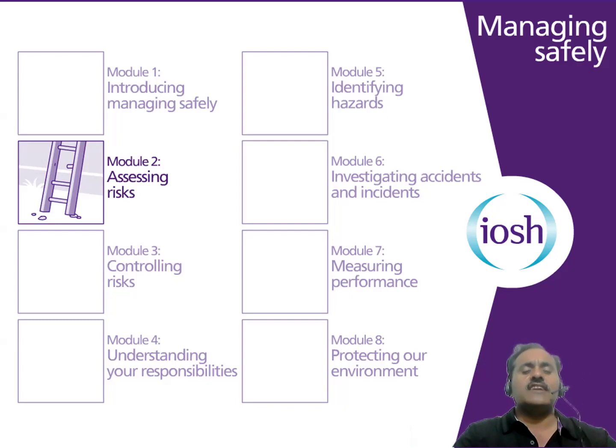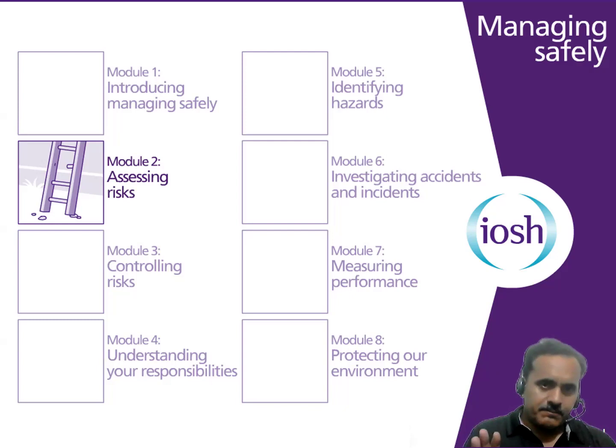So the question is, as a safety professional, how can we identify the hazard from the workplace? My dear learners, usually we use three methods to identify hazards from the workplace. The first method is observation. This observation is also called a practical visit.